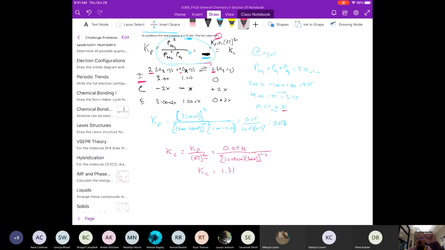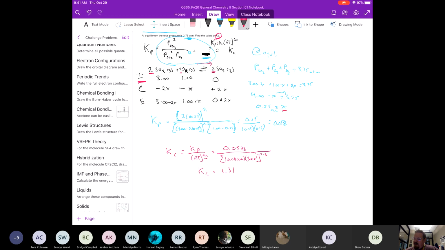I will caution you though, because it happens to me all the time. A lot of times you will end up solving for X, and it'll be a pain, and you will feel some satisfaction getting to X, right? But X may or may not be the answer you're looking for in the problem. So when you get to X, pause, review what you're asked to find, and then go from there.